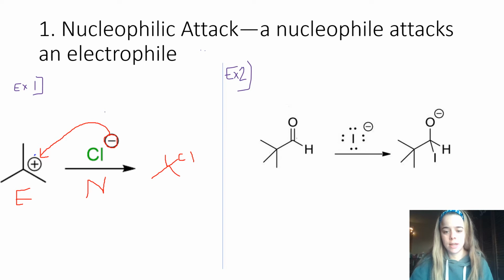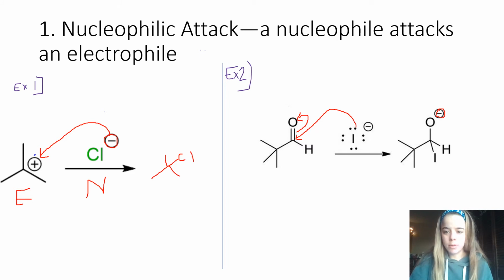In this next example, we have a negatively charged iodine and it is going to attack this carbon center here. Then, as a reminder, carbon can't have more than 4 bonds, so we're going to have to draw a second arrow to the oxygen to then give it this negative charge, which is good because this will promote more resonance throughout the structure.